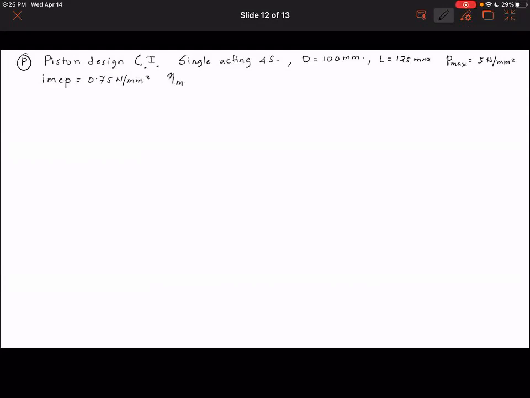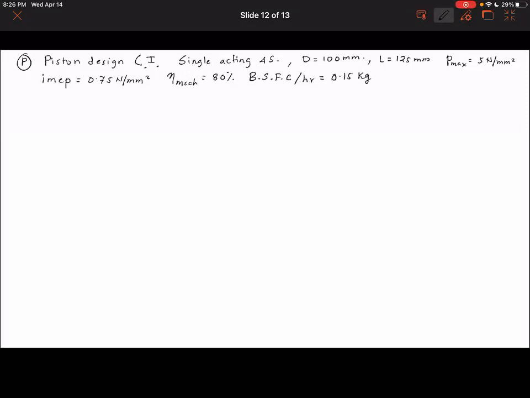Efficiency mechanical is equal to 80%, and the brake specific fuel consumption per hour, BSFC per hour, which means the amount of fuel consumed per hour to generate 1 kilowatt of brake horsepower, is 0.15 kilogram.